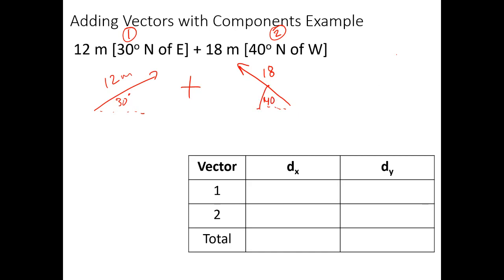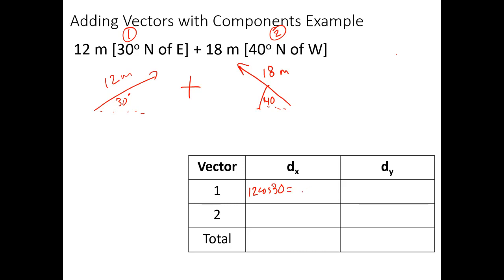Okay, so now I'm going to try and draw my vectors roughly to scale, but you see the diagram that I've done here, the quick sketch, 12 and 18, they don't have to be to scale, because I'm going to use math to figure out the different parts of those things. Okay, so in the first vector, if we look at the X and Y components, the X component of our first vector will be 12 times the cosine of 30.